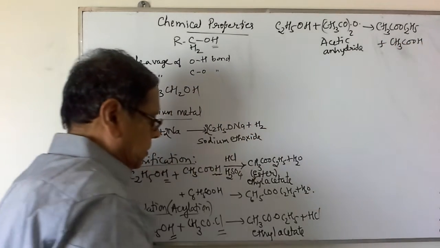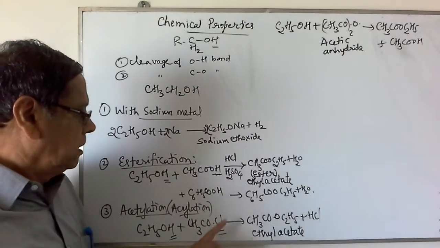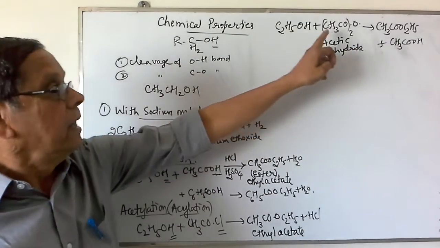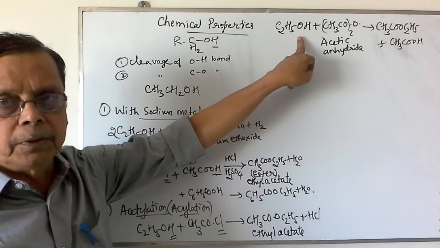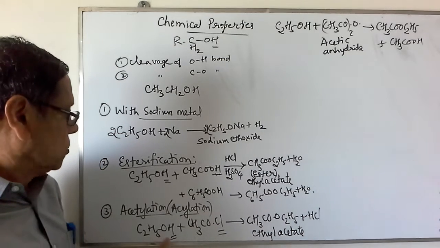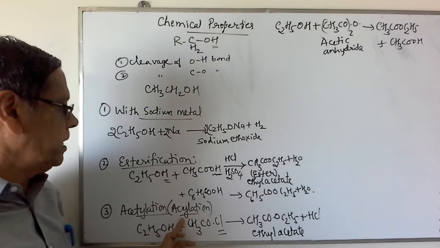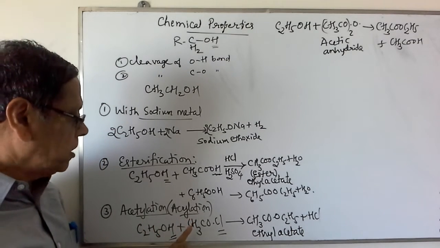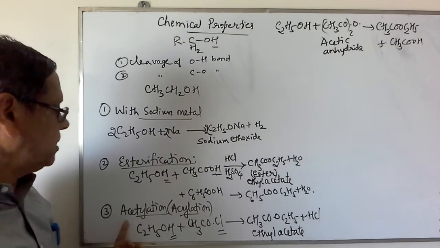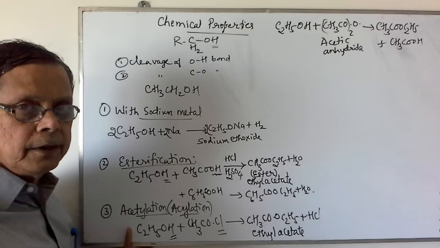So in these two reactions, the halogen atom or the acetic acid group is replaced by the ethoxy group. So we get ethyl acetate along with acetic acid. These two reactions are named acylation reactions, when we are using acyl chloride and acetic anhydride.